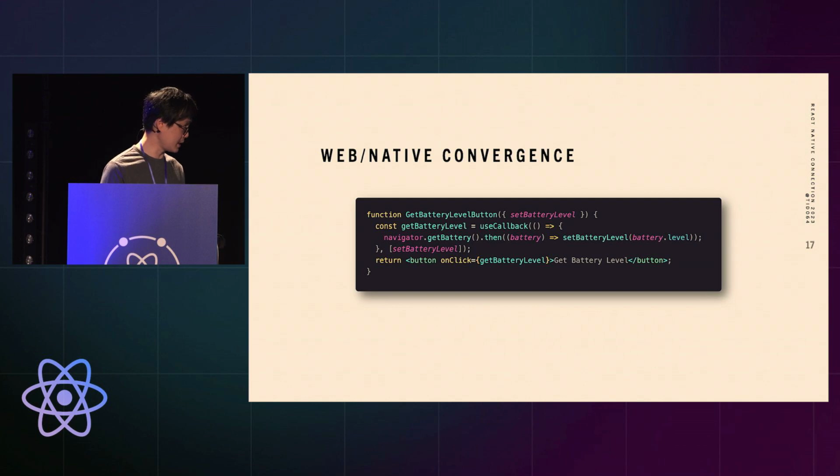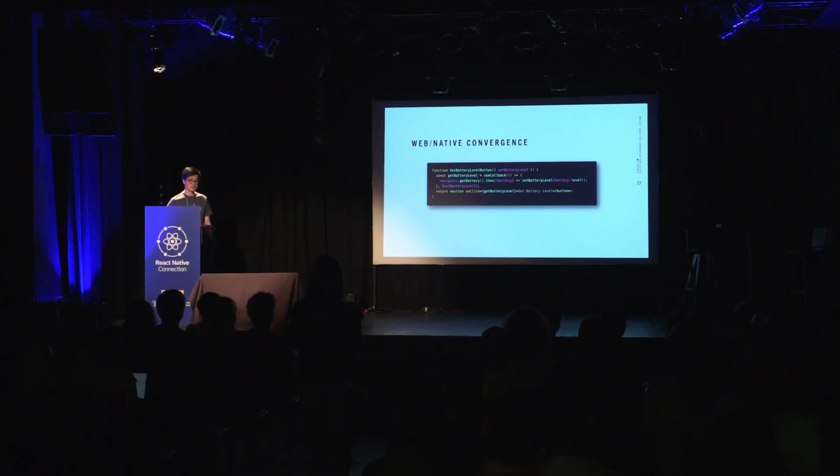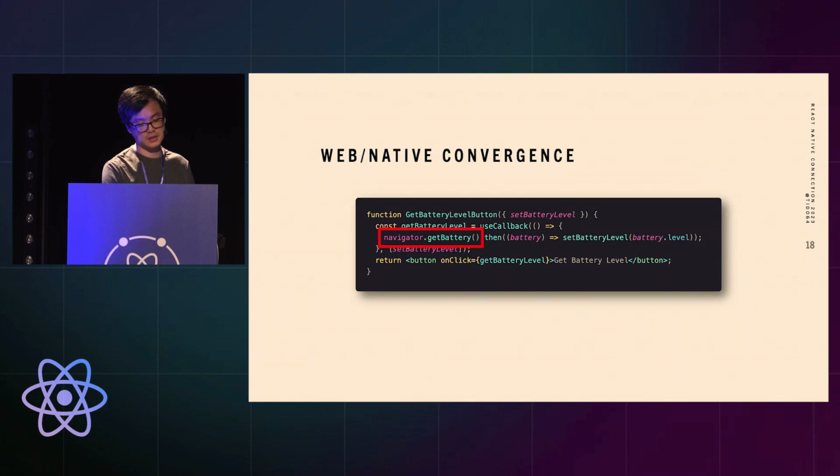So for instance, in this example here, we have a button that, when clicked, returns the battery level. Now, what would it take to get this component working in a React Native app? Well, there are a couple of issues here, right? For starters, there's a call to navigator.getBattery. This is just a standard web API call, but for React Native, we would have to find the correct native module to access the battery state on a device.